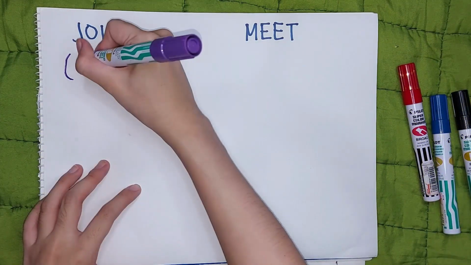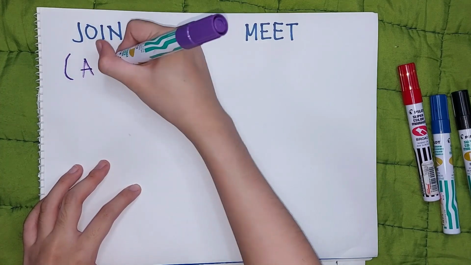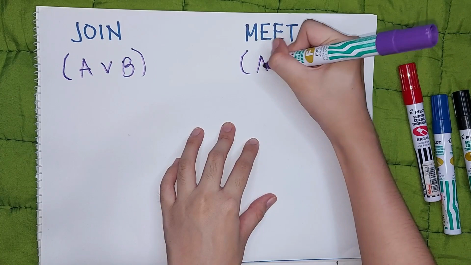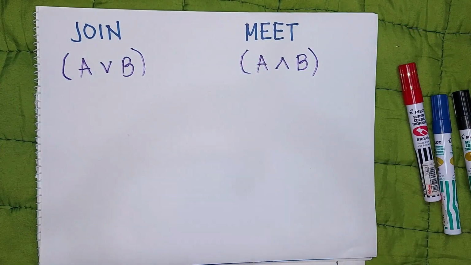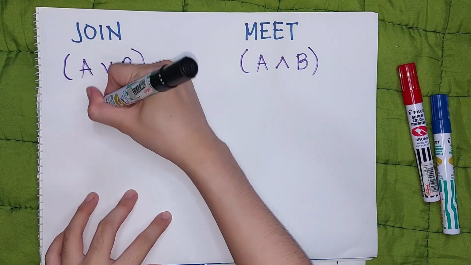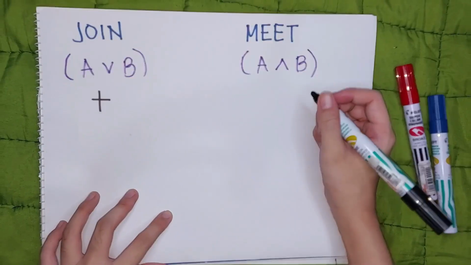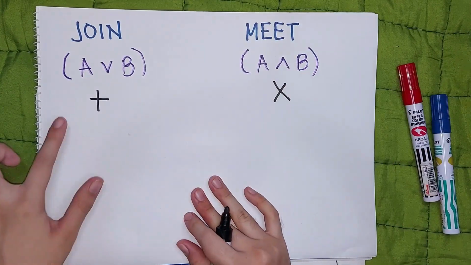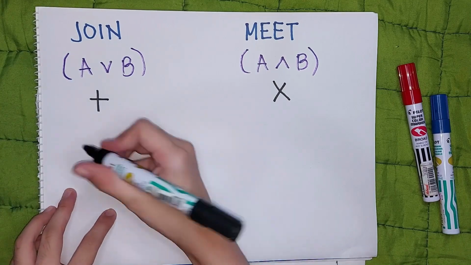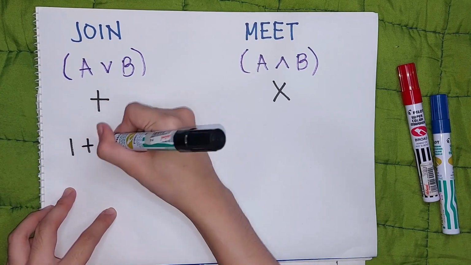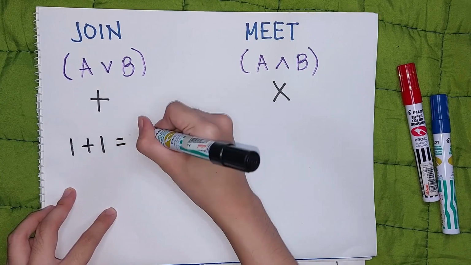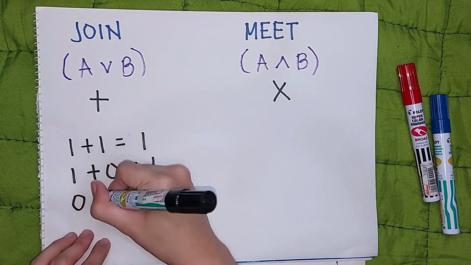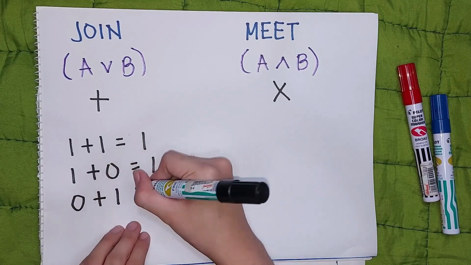Let us now proceed to the join and meet of 0-1 matrices. Here's the formula for the join. Here's the formula for the meet. The technique in here, the join is like a binary addition, while the meet is like a binary multiplication. As you can remember, or for those who don't know, binary addition is 1 plus 1 is equal to 1. 1 plus 0 is equal to 1. 0 plus 1 is equal to 1.